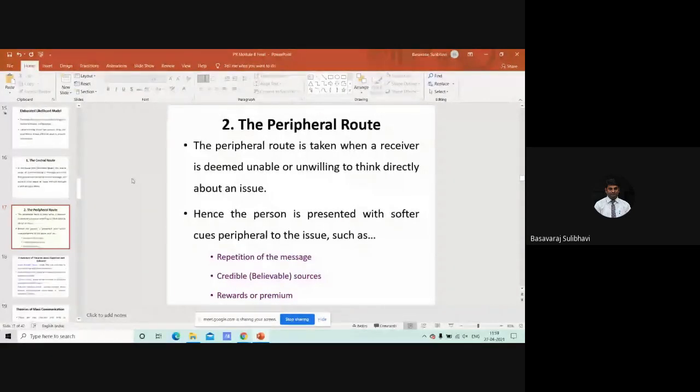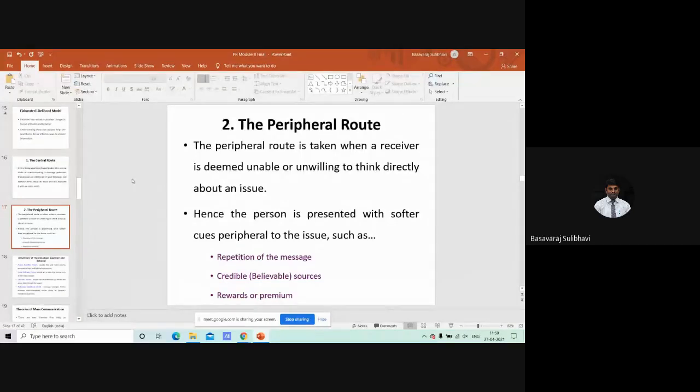Repetition keeps hitting the minds of the public, and they at least take a few steps to understand why this message is being repeated again and again in front of them. Because of the repetition, people remember it, or it generates some interest in knowing why that message keeps popping up in society.